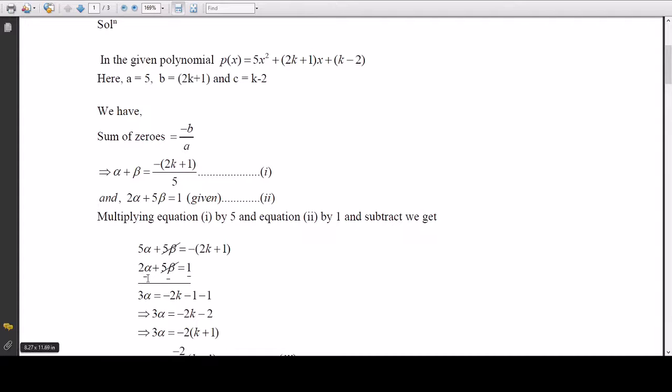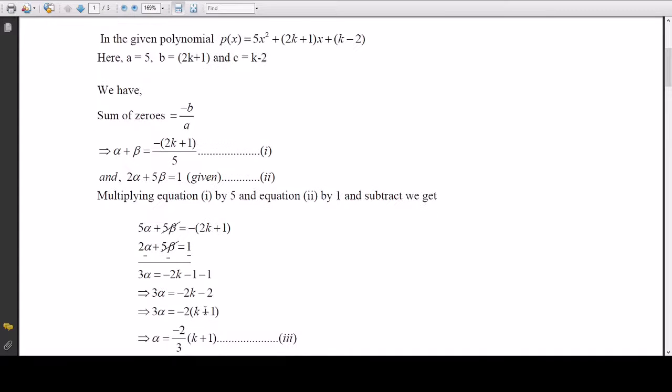Now change the sign: plus changes to minus, plus changes to minus, plus also changes to minus. Then 5 beta minus 5 beta cancels. You will have 5 alpha minus 2 alpha, which means 3 alpha. 3 alpha is equal to minus (2k plus 1), removing the bracket by multiplying the sign: minus 2k, minus 1, and then minus 1 again, so 3 alpha equals minus 2k minus 2.